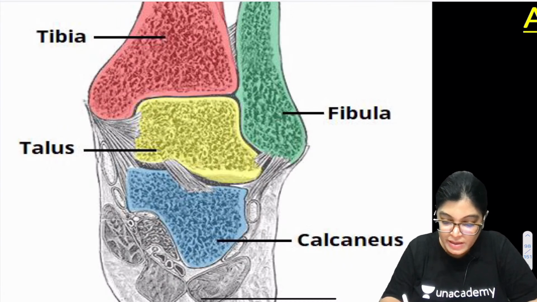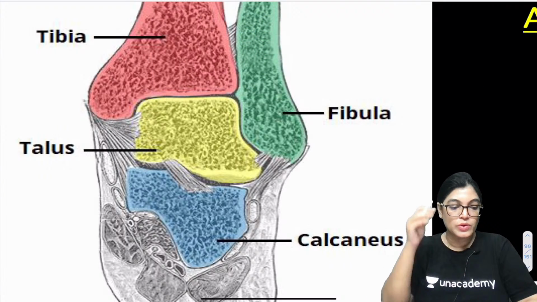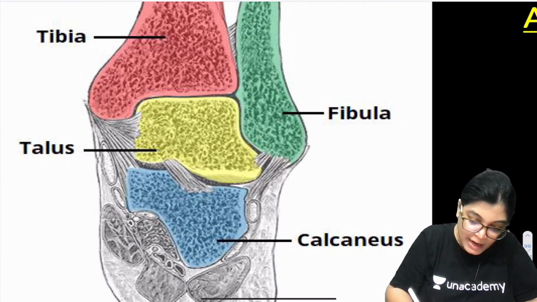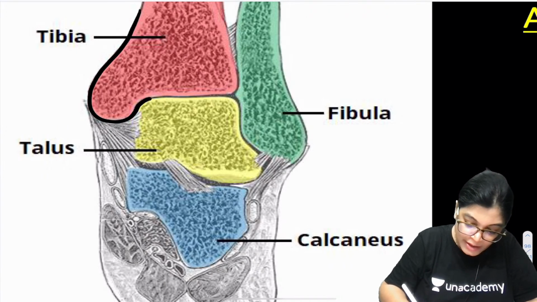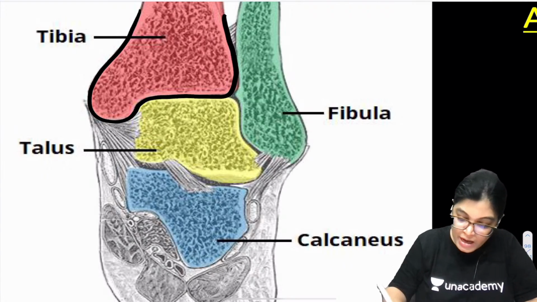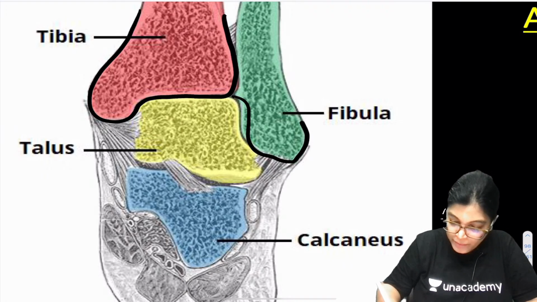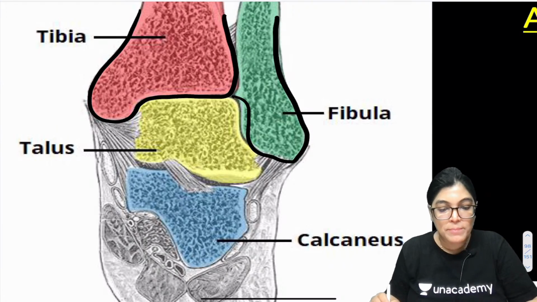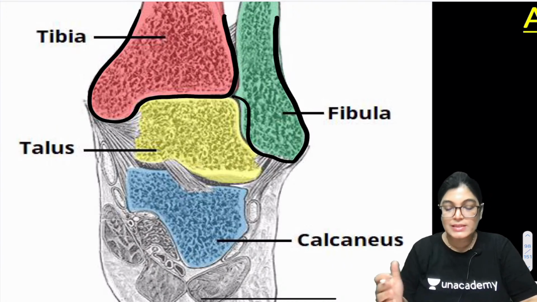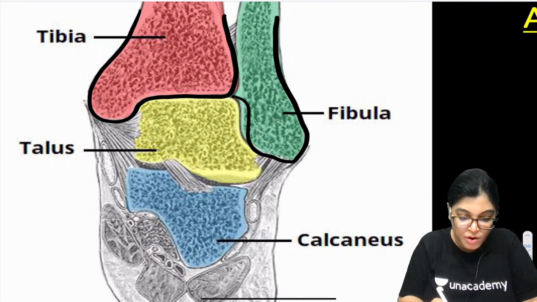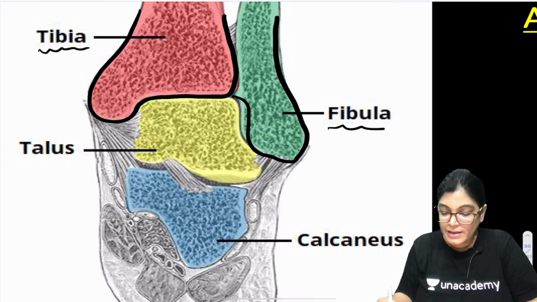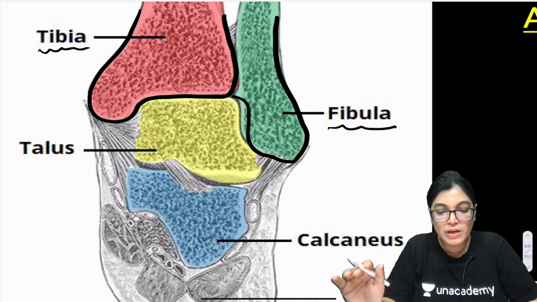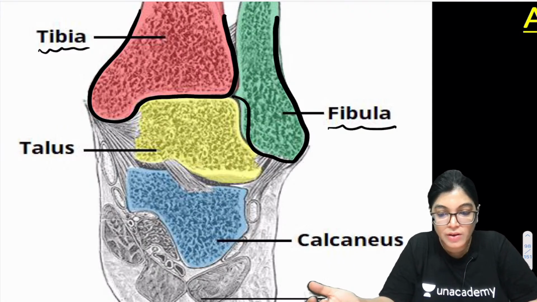The upper articular surface, the proximal articular surface, is formed by the lower end of the tibia and the lower end of the fibula, as you can see here.